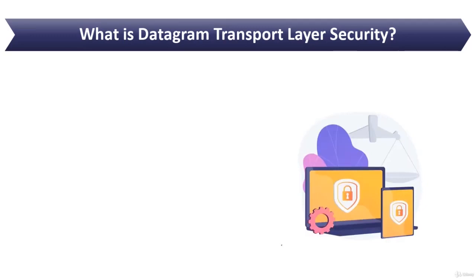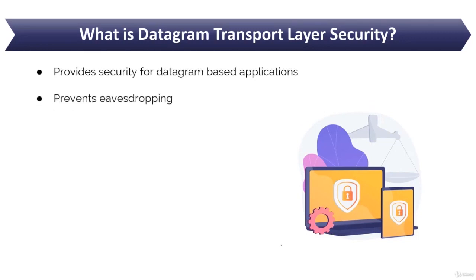Now let us have a look at some interesting security protocols, or tunneling protocols. The first one is the Datagram Transport Layer Security Protocol, that is the DTLS protocol. This protocol provides security for datagram-based applications by allowing them to communicate in a way that is designed to prevent eavesdropping, tampering, or message forgery.